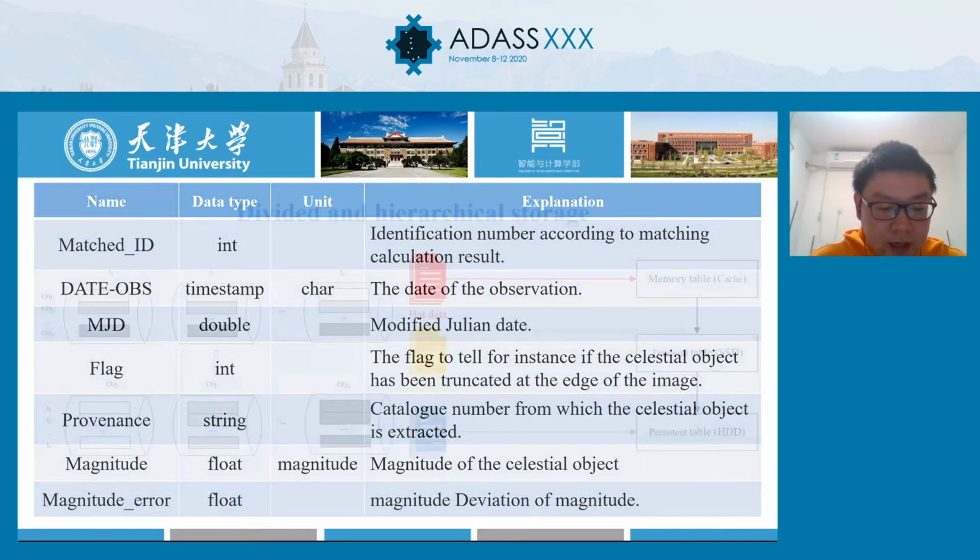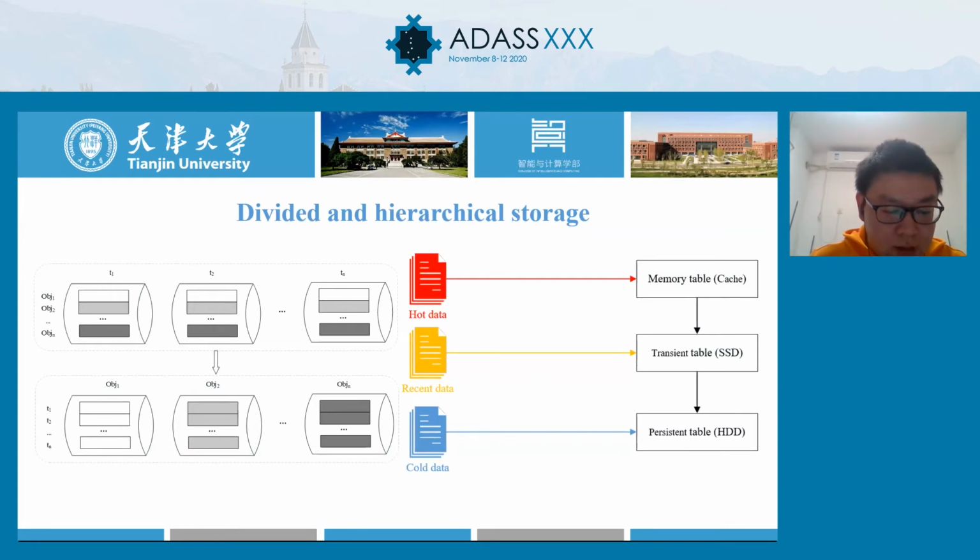The divided and hierarchical storage are designed to support the light curve retrieval and analysis. In the divided storage schema, the data of the same celestial object is changed from being stored in different areas to centralized storage in the same area and divided according to its observational time.